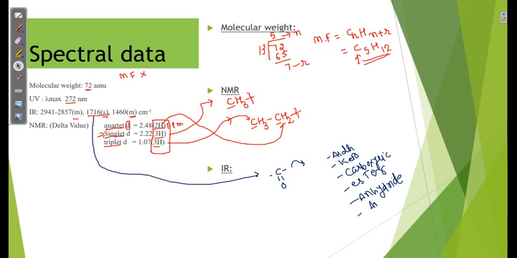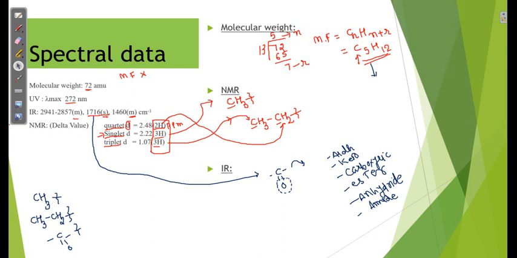We have to decide what it is. So what fragments are we getting? We are getting the fragment CH3, the fragment CH3CH2, and the fragment CO. Now it is confirmed that oxygen is present in our compound based on the functional group analysis.